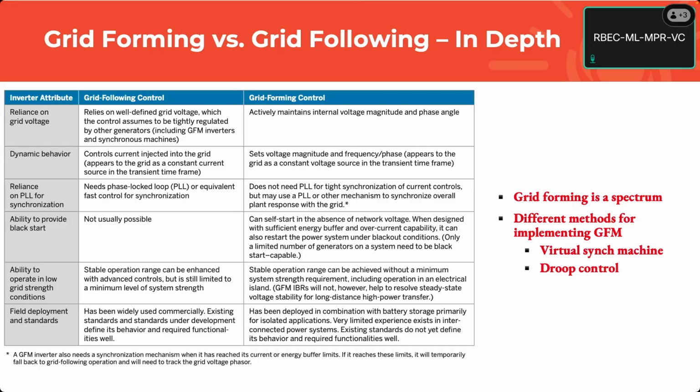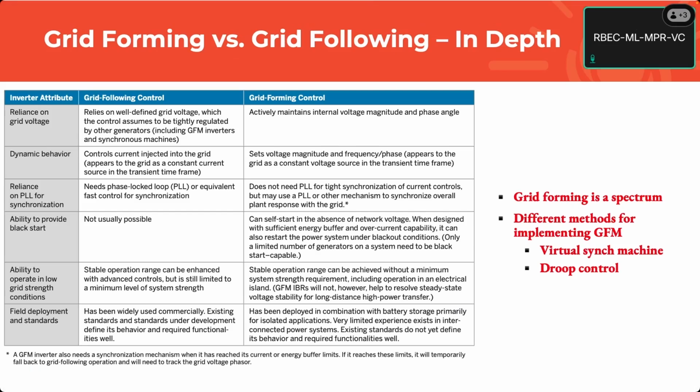Yeah. I think saying there's different ways is a good way to say it. It's similar to grid following, right? There's a bunch of different ways to do voltage control or frequency control. So specifying one or the other is bad, because you're limiting competition or sticking yourself to one. It's similar for grid forming as well.